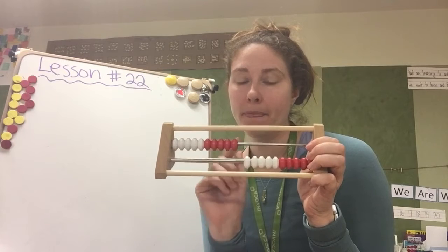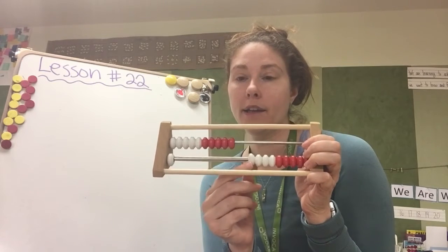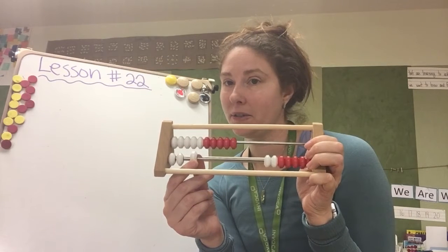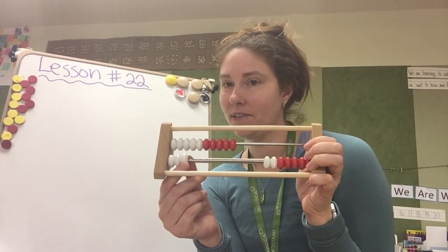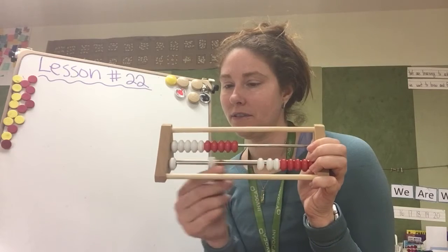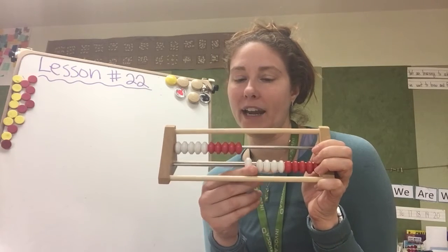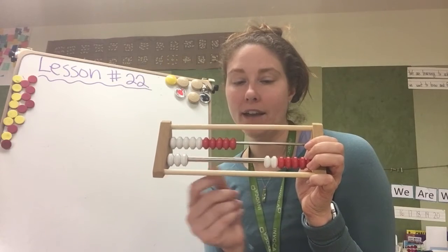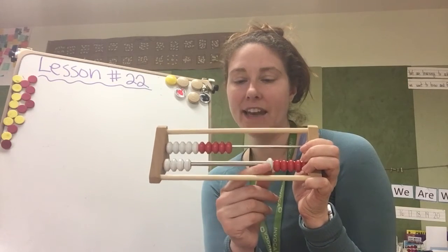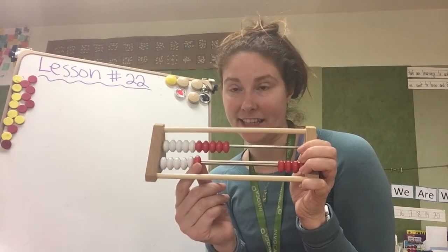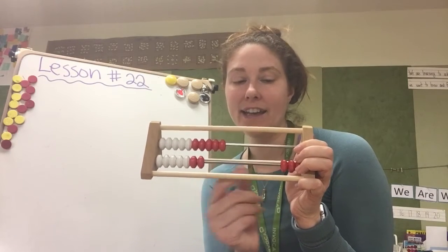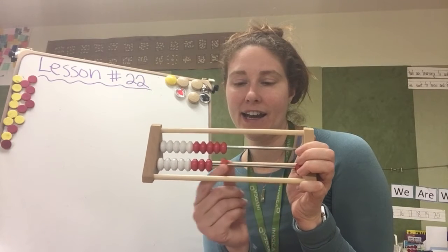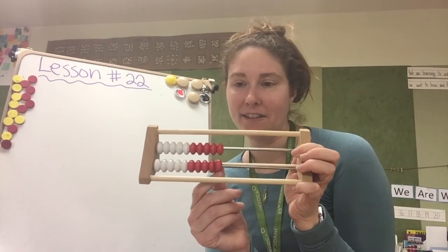So 10, 10, 1, 11, 10, who knows, 2. Let's start again. I think we got mixed up already. 10, 1, 12, 10, 3, 14, 10, 5, 16, 10, 7, 18, 10, 9, 20.